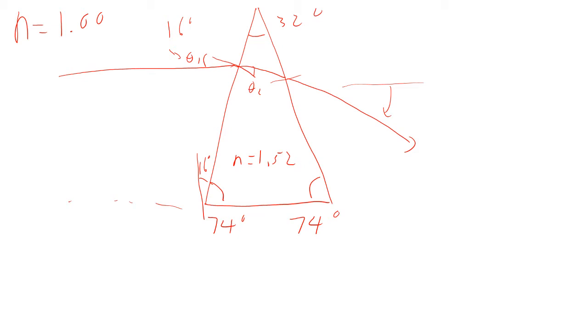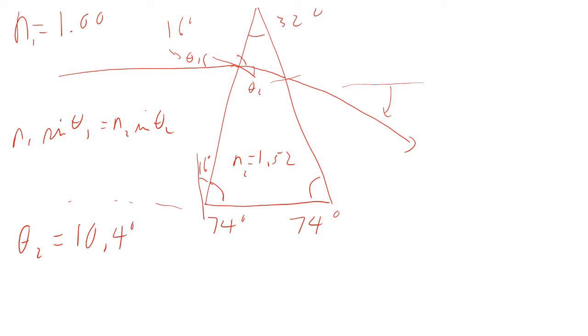And so Snell's law, call that n1, n2: n1 sine theta 1 equals n2 sine theta 2. If you go through the math there, theta 2 turns out to be equal to 10.4 degrees.